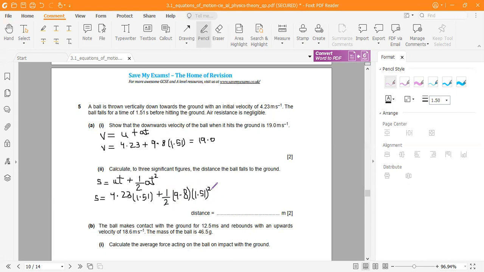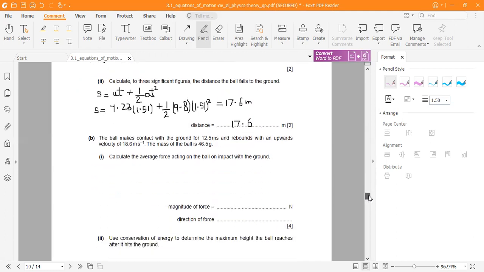And you will basically get from here that 1.51 square multiplied by 9.8 divided by 2 plus bracket open 1.51 multiplied by 4.23. That gives 17.6. So the distance will be 17.6 meters. So my answer will be 17.6 meters.